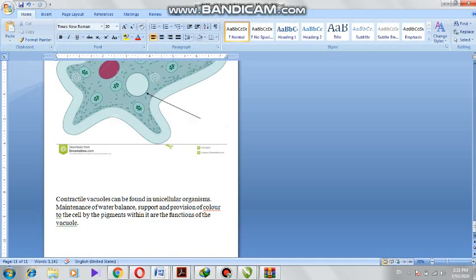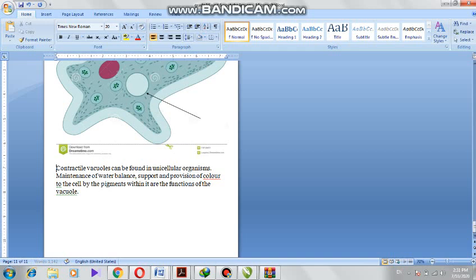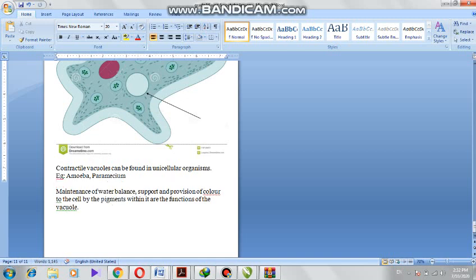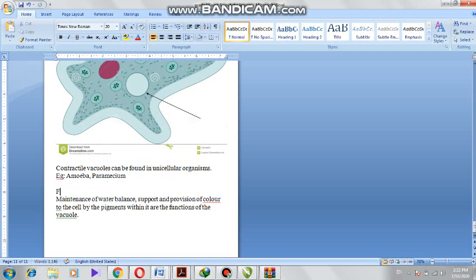So who are the animals having contractile vacuole? Amoeba, paramecium like unicellular organisms. One example is amoeba, other example is paramecium. Right. What are the functions of vacuole? Functions.